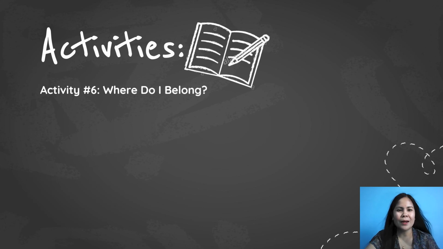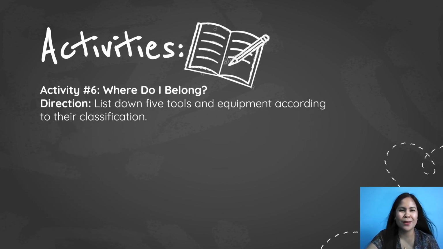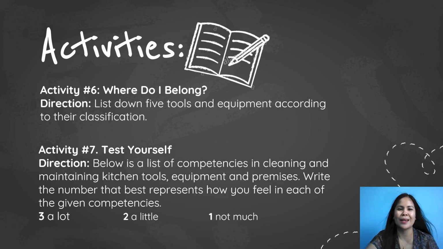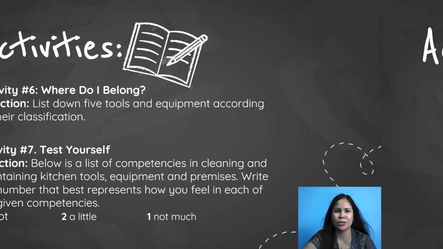For our activity 6, where do I belong? List down 5 tools and equipment according to their classification. And activity 7, test yourself. You're going to write the number that best represents how you feel in each of the given competencies: 3, a lot; 2, a little; and 1, not much.